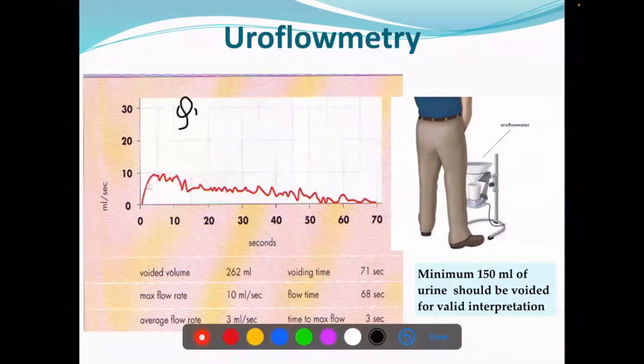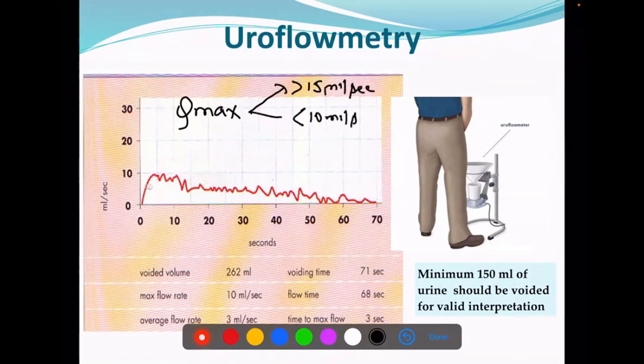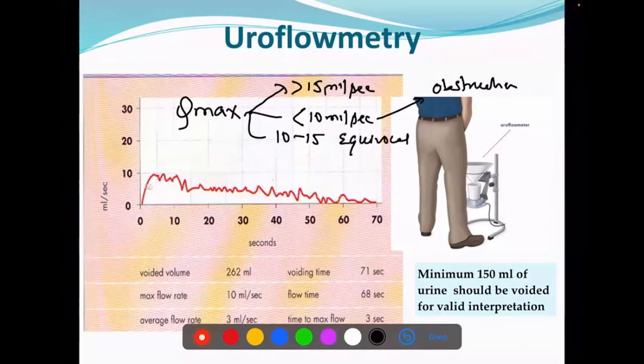So the Qmax, or maximum flow rate, if it is more than 15 ml per second, then it is regarded as normal. If it is less than 10 ml per second, then it is regarded as obstructed. Obstruction is there. And if it is between 10 to 15, then it is known as equivocal. So we cannot say concrete whether it's obstructed or not.